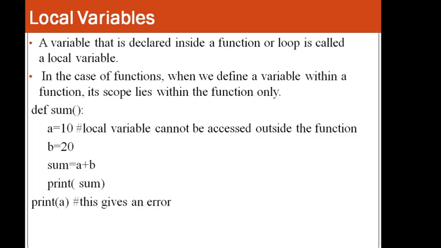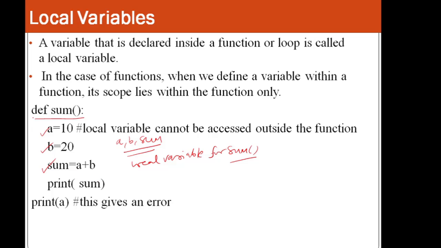So let's start with local variables. A variable that is declared inside a function or a loop is called a local variable, right? So let's see the example over here. You have a function sum in which you have 2 variables, a and b, and a third variable, sum. So these a, b, sum, these 3 are local variables for the sum function.